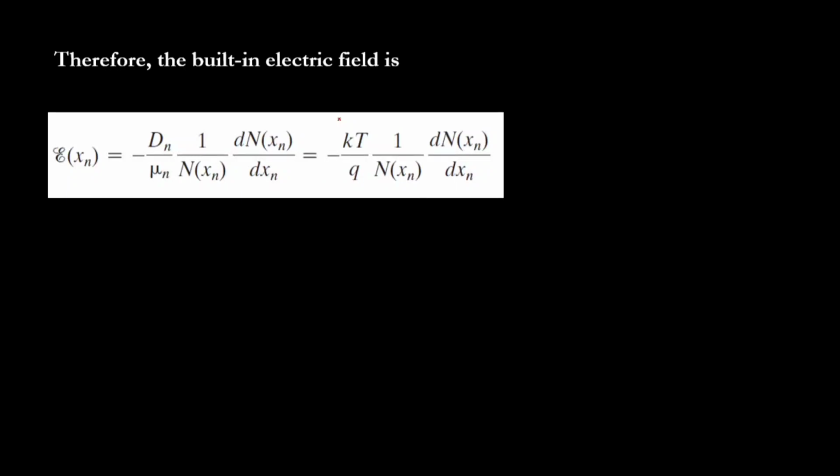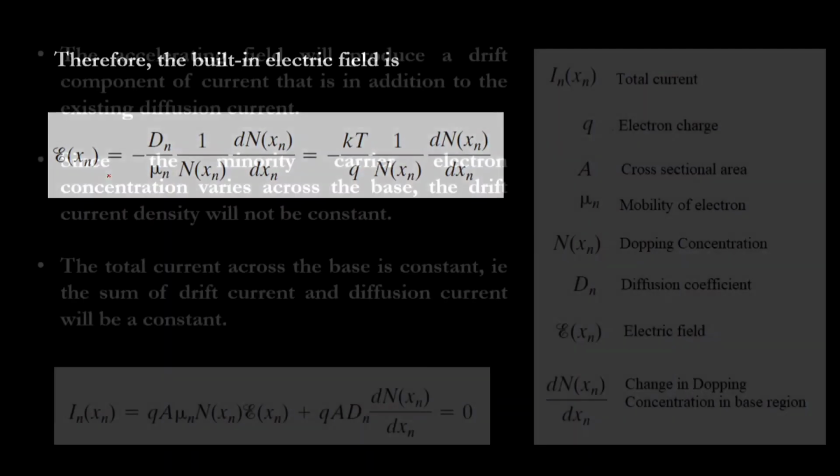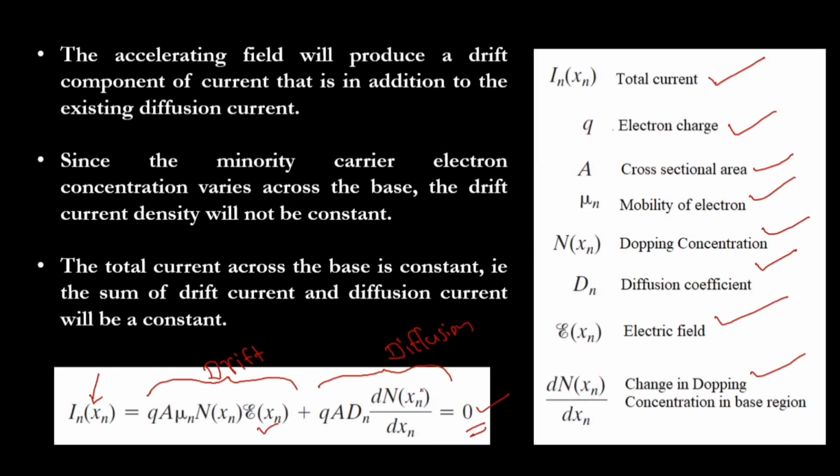Finally I can find the expression for epsilon(x). Since the total is 0, I can equate these two: q A mu_n n(x) epsilon(x) is equal to q A Dn d/dx of n(x). I can equate this since the total is 0.